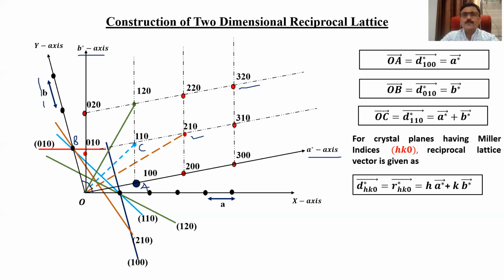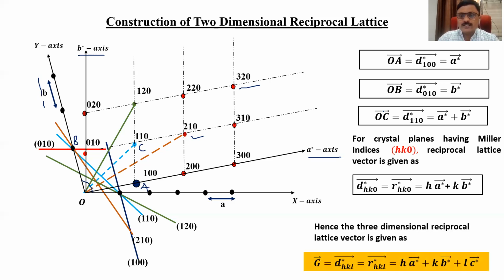So that is how one can represent a reciprocal lattice vector in two dimensions, and one can understand the construction of the reciprocal lattice in two dimensions. We can extend the same thing to three dimensions, and we can represent a three-dimensional reciprocal lattice vector as d star hkl equal to r star hkl equal to h times vector a star plus k times vector b star plus l times vector c star, and it is also represented by the letter G. So you can represent this by the letter G also, because we have to use this letter in further study.